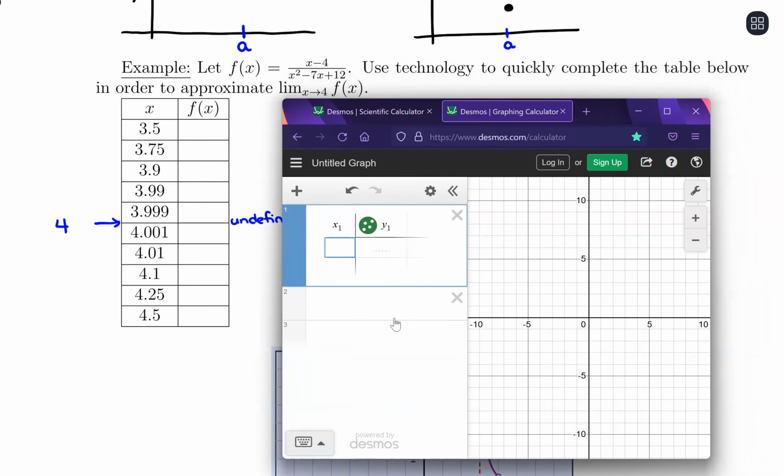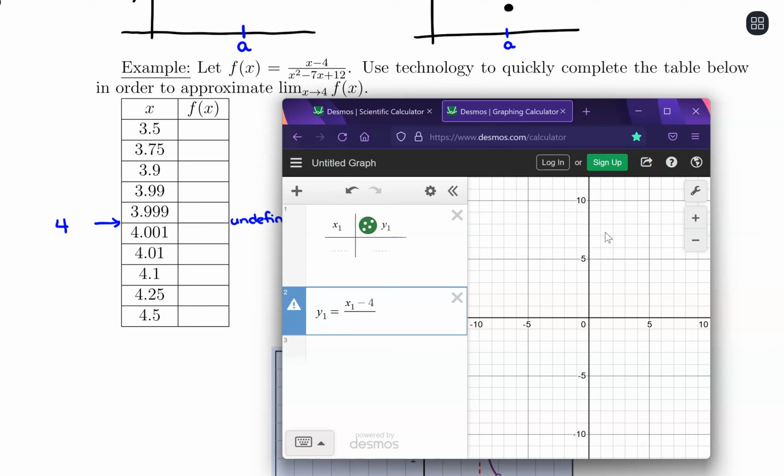So for the expression below the table, expression 2, I'm going to type in our function that's up above here. Instead of f of x, I'm going to use y1. When I typed that in, I didn't do anything special to make it a subscript; it just automatically did that. So I typed y1 and then equals, and then we separate up and we want x1 minus 4.